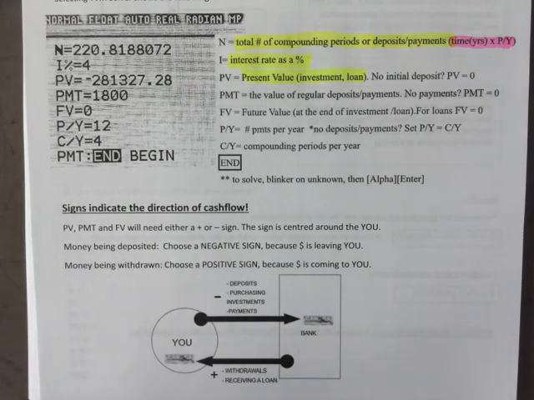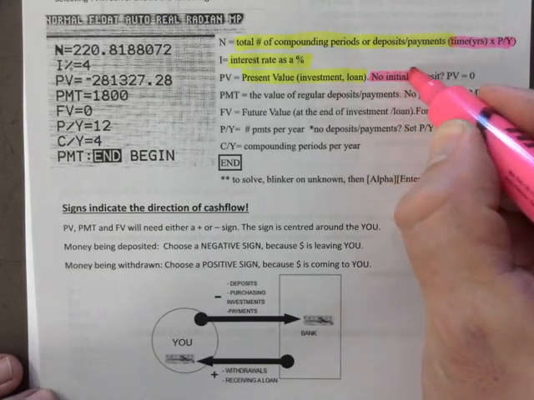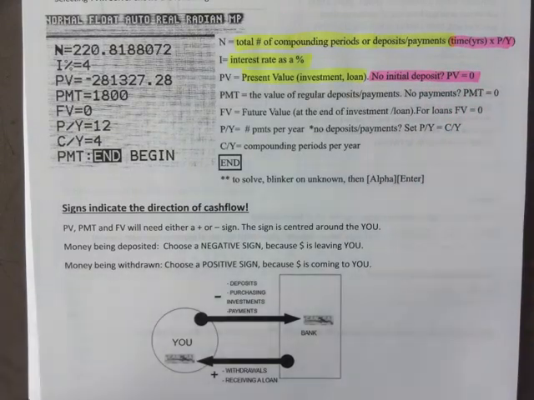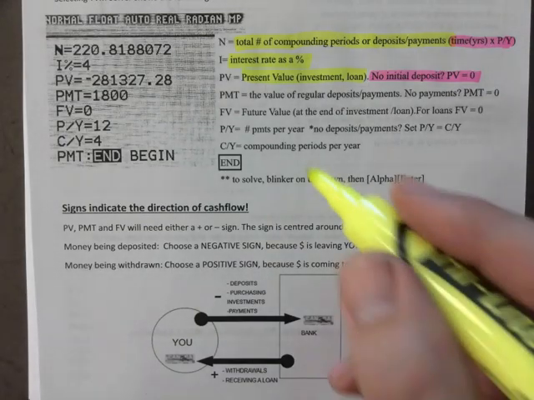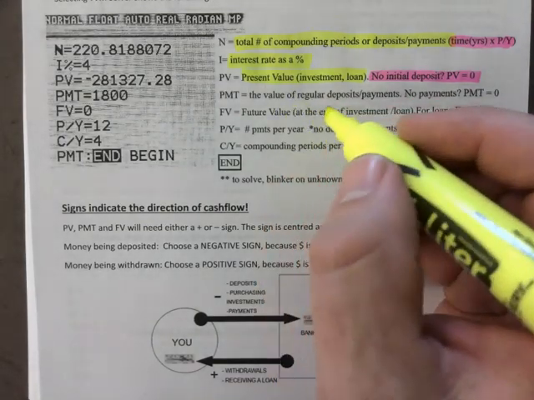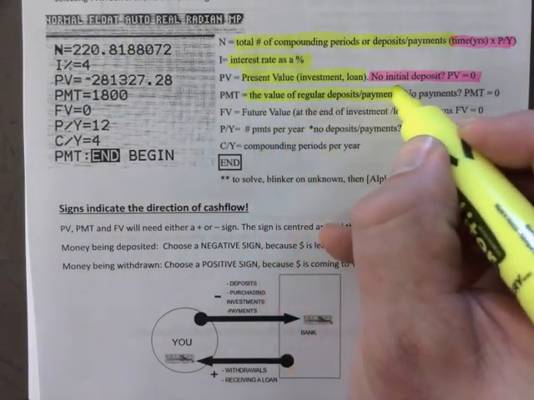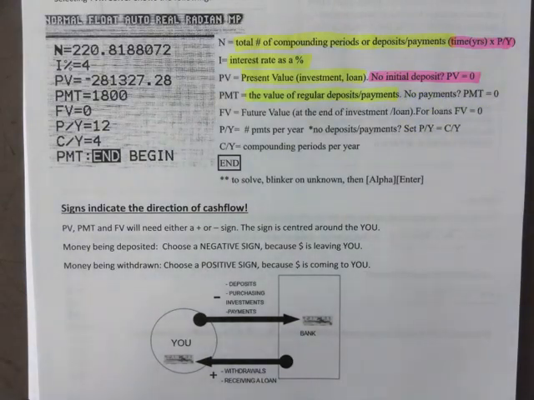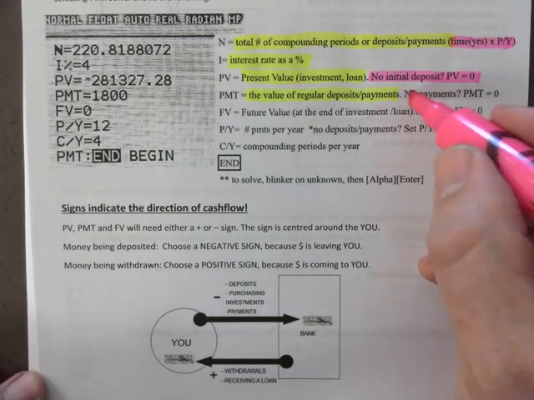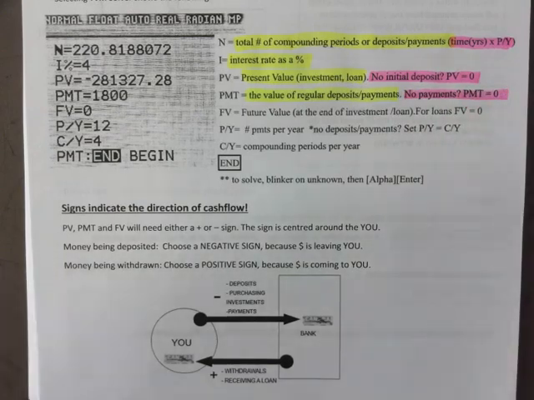And here's the anomaly: if there is no initial deposit, we set it to 0. Payment is the value of the regular deposit or payment. And if there's no payment at all, or no deposits, we just set it to 0.